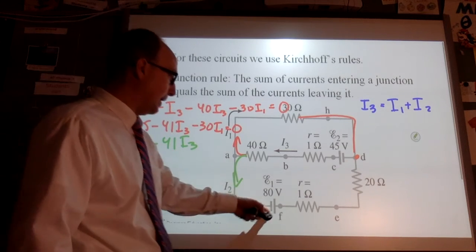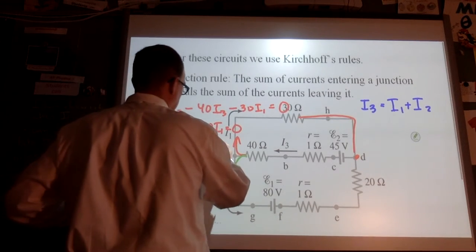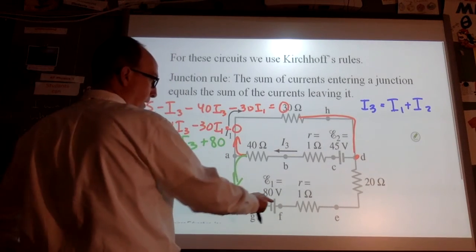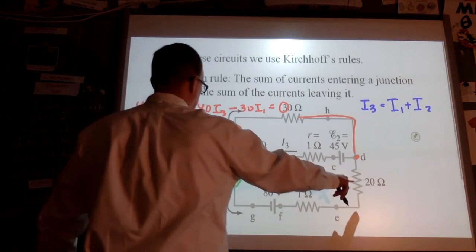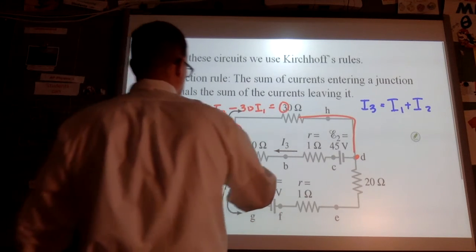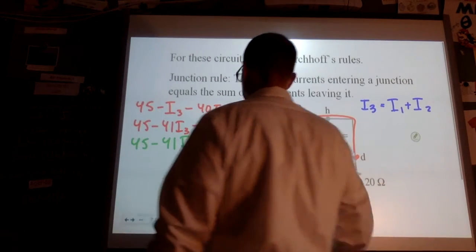And I'm going from the negative to the positive, so this is helping me. So I'm going to have to add 80 and then subtract 1 I2 and then subtract 20 I2s. So minus 21 I2 is equal to 0.